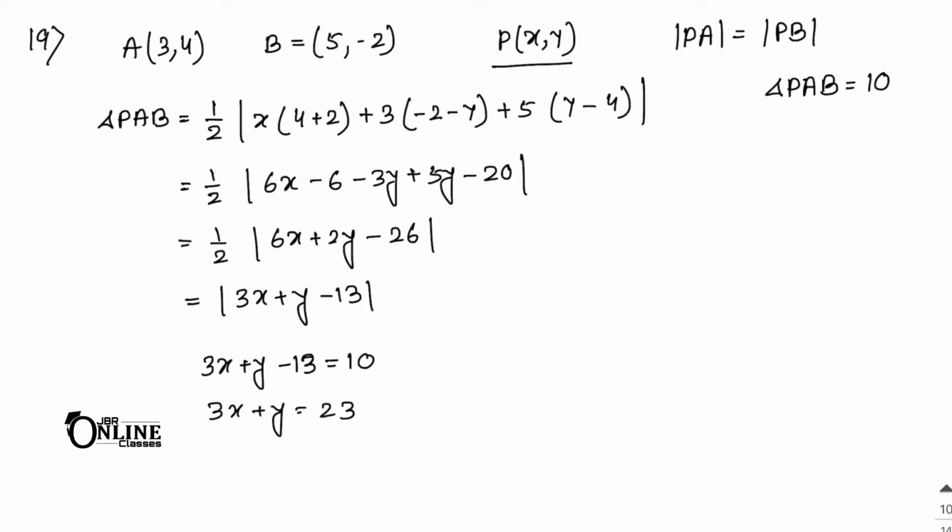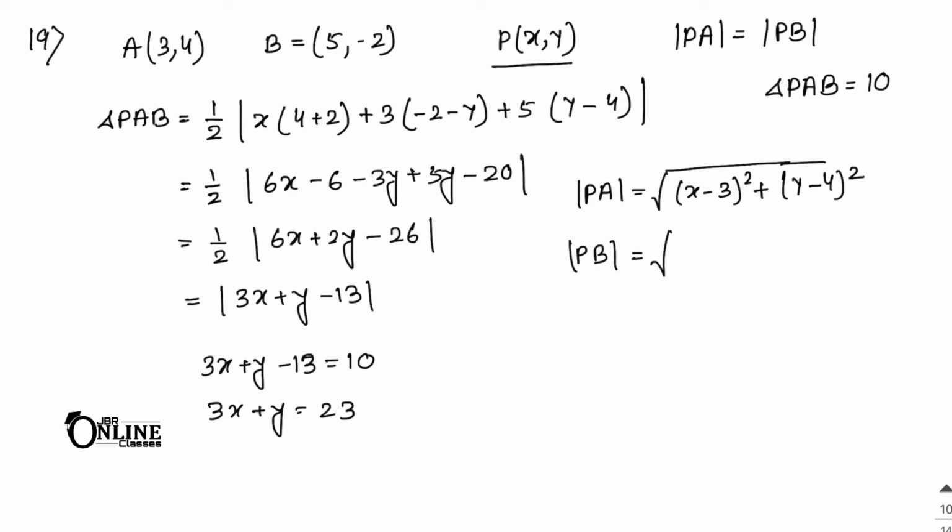Now next you have to find out PA. So mod of PA means root over (x minus 3) whole square plus (y minus 4) whole square. Next, PB equals root over (x minus 5) whole square plus (y plus 2) whole square.